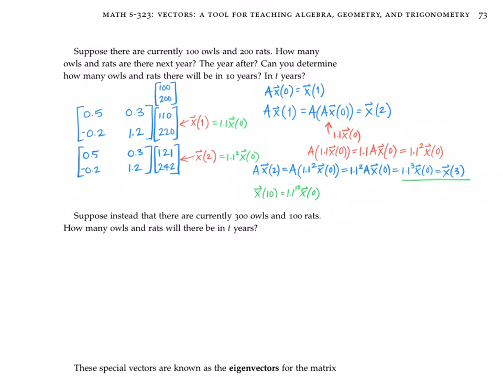And after t years, we can actually put this in terms of t: if we care about x at time t, that's going to be 1.1 to the t power times x of 0.